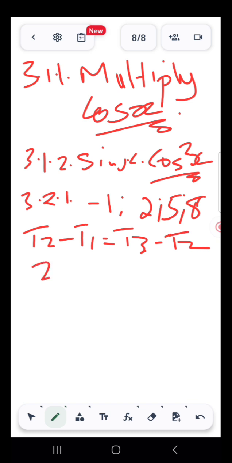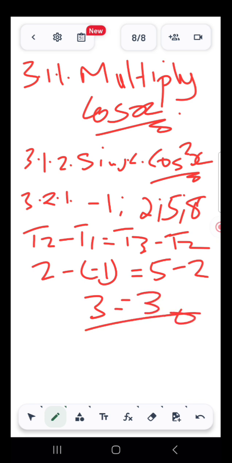So 2 minus -1, because the first term is negative, equals 5 minus 2. So 2 minus -1 gives us 3, which equals 5 minus 2, which gives us 3. The left-hand side equals the right-hand side, so it means it's an arithmetic series, a linear arithmetic series. So we have our constant difference, which is equal to 3.